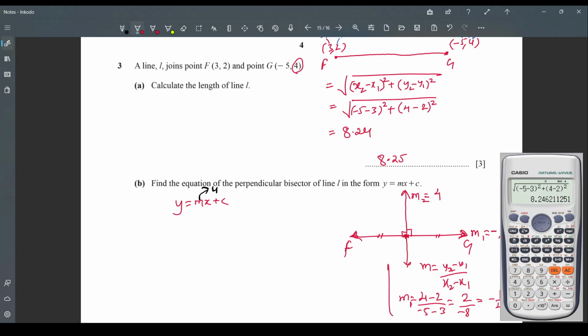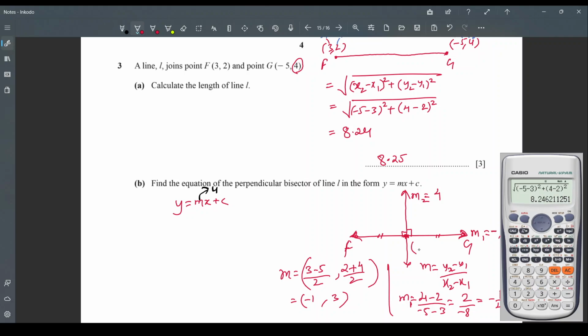Midpoint formula says (x1 plus x2) divided by 2. So x1 plus x2, that is 3 plus x2, which is minus 5, divided by 2, and (y1 plus y2) divided by 2, so it's minus 2 by 2, which is minus 1, and 6 divided by 2 is 3.